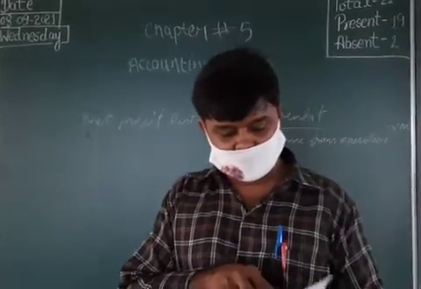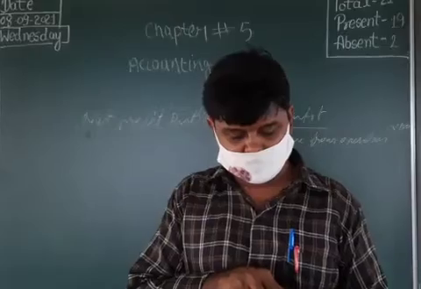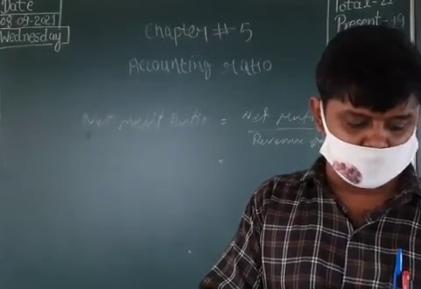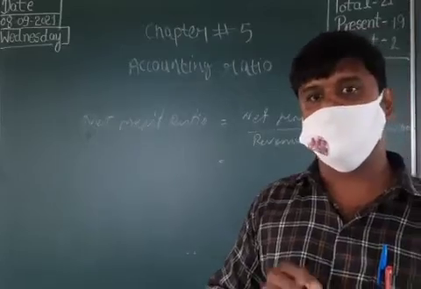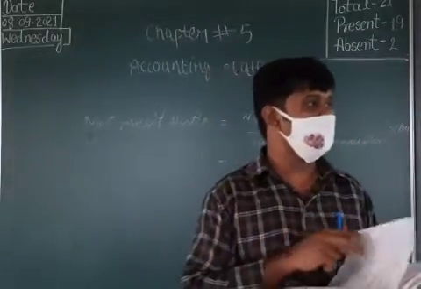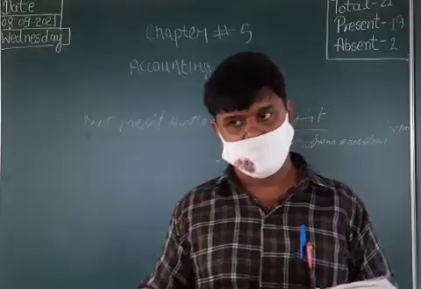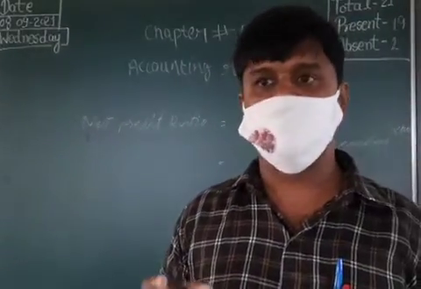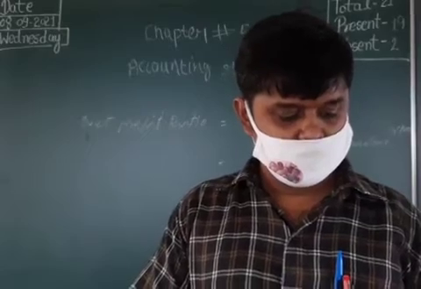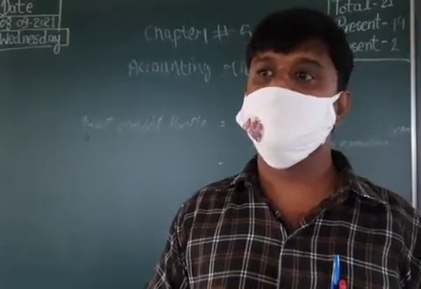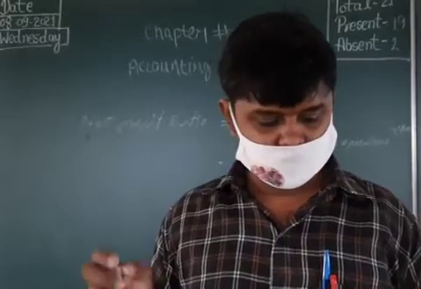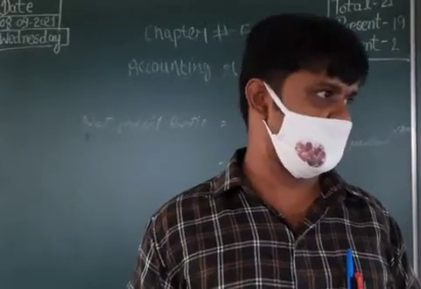If the indirect expenses of the company were 50,000, calculate the net profit ratio. Here many things are given directly. First of all, you can see that we have the gross profit ratio given as 25%.